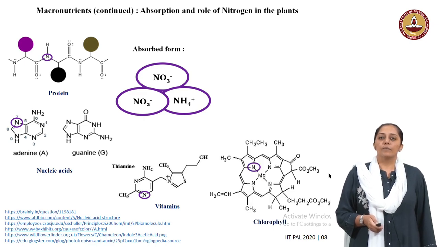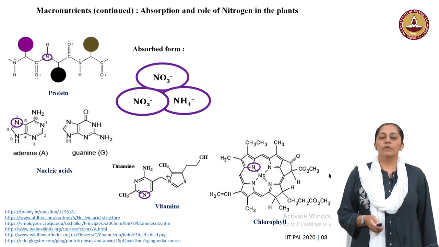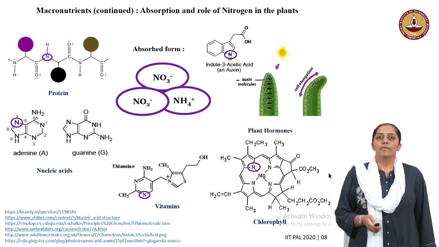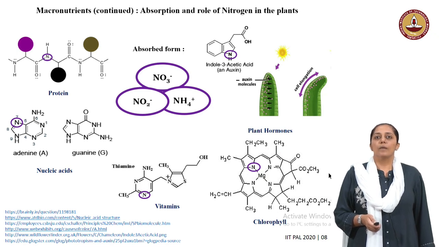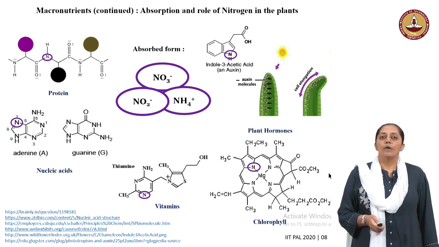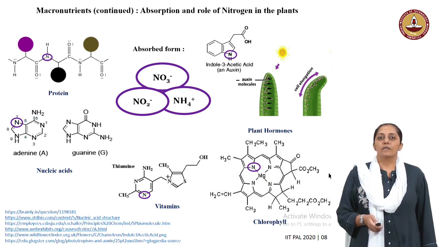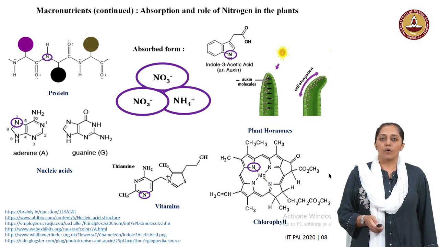Then in one of the other biomolecules, the chlorophyll, which we know is the colored pigment in the plants, nitrogen is also included in its structure. Then nitrogen is also a part of the structure of indole 3 acetic acid, which is a plant hormone, an auxin required by the plant for cell elongation.